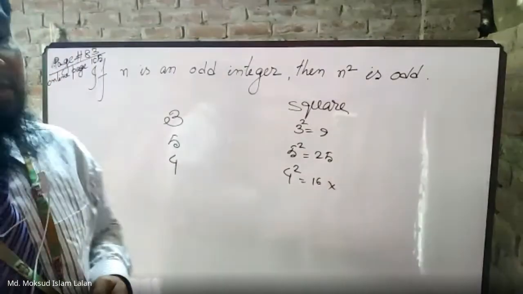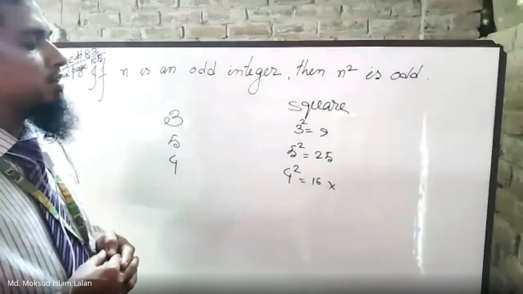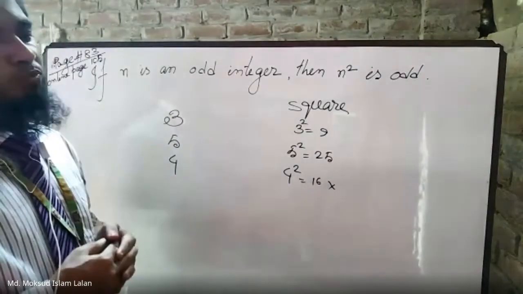Yes, sir. Sir, I have one question. Yes, Habib. Sir, in this situation, we have odd and even numbers. Then that's why we can say an odd number is like false and an even number is like true. Is that the procedure, sir? Yes, you can say that, but we have to prove it, Habib.